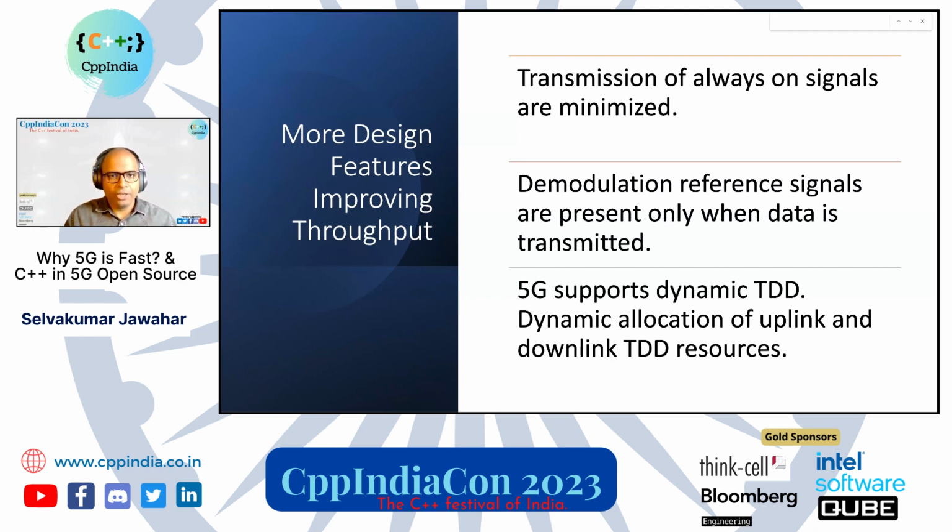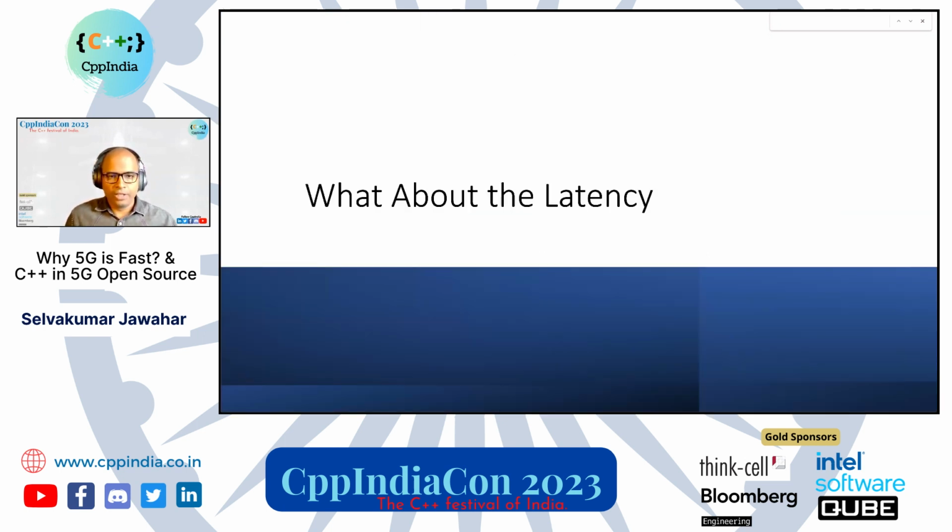But 5G supports that if a user wants more upload bandwidth or more download bandwidth, that could be managed. And this again gives a better throughput experience. So we talked about throughput, and we at least got an overview of how 5G can improve the throughput.